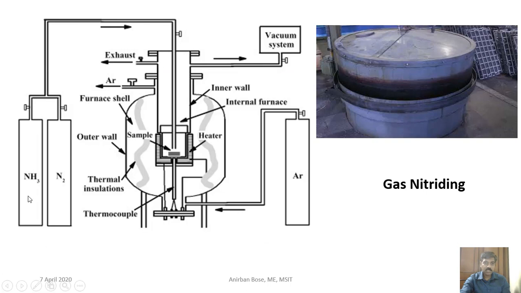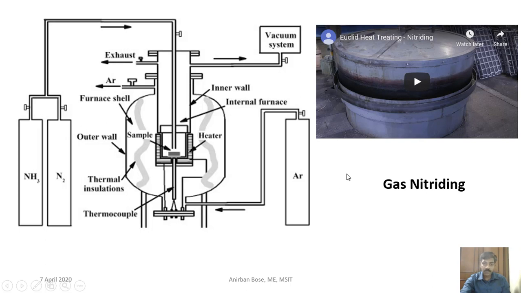So here you can see the process where ammonia and nitrogen, that is basically the gas, is fed into the chamber, creating the environment around that sample, where the heater is there, and obviously some argon gas is passed to create a neutral environment so that oxygen cannot come into it.